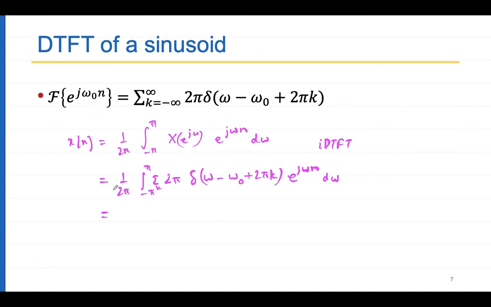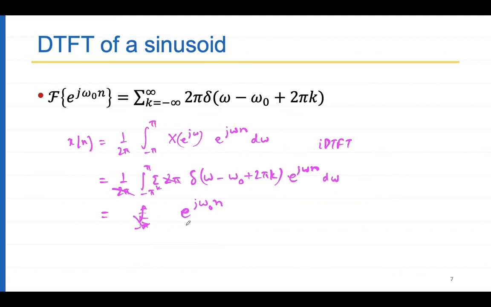So this 2 pi gets cancelled out, and this thing becomes only integration from minus pi to pi. Basically, you substitute your omega with omega naught, e to the power j omega naught n.